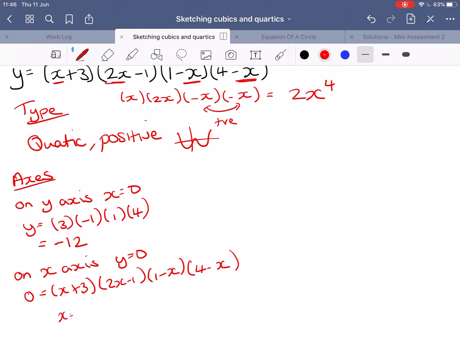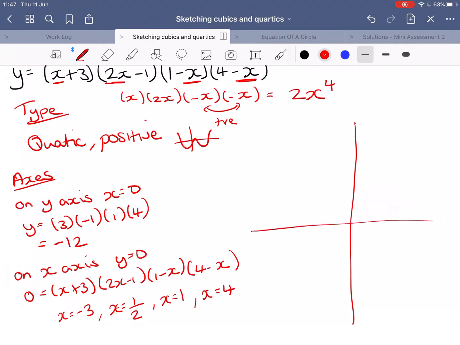So either x equals -3 for the first one, x equals a half for the second one, x equals 1 for the third bracket, and x equals 4 for the final bracket. And then draw my axes.